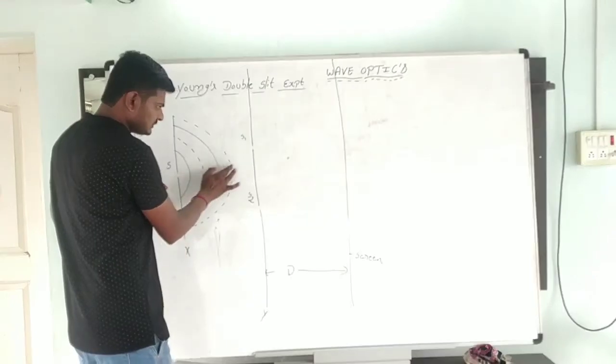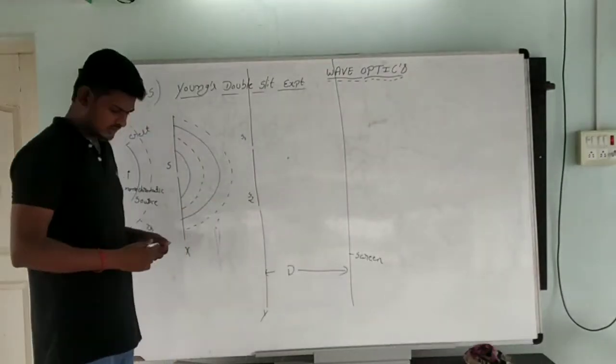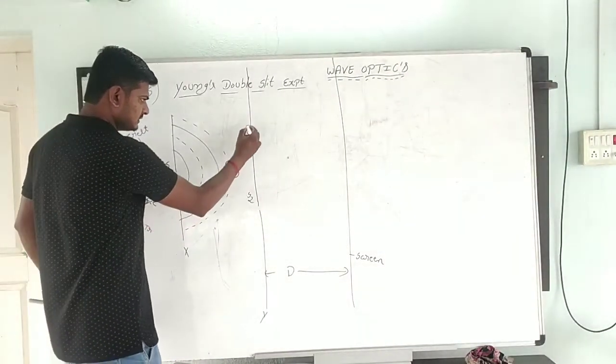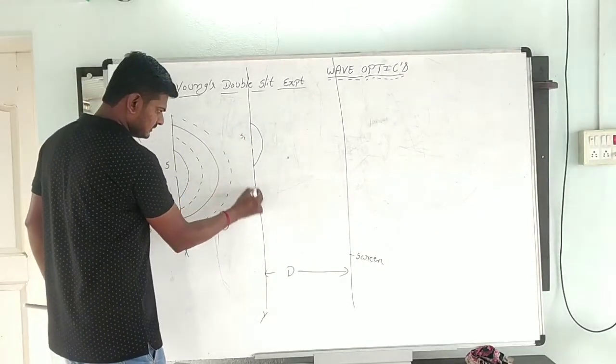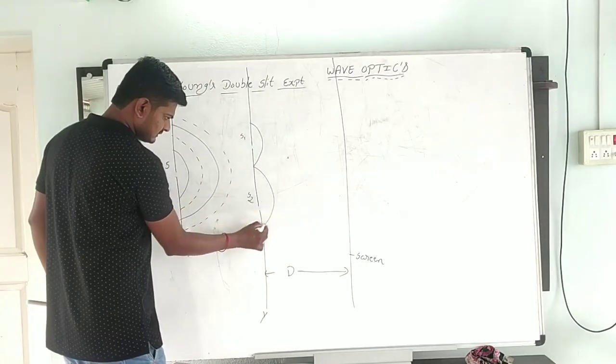Now these waves pass through both the slits S1 and S2. This is the crest of the first slit, and this is the crest of the second slit.